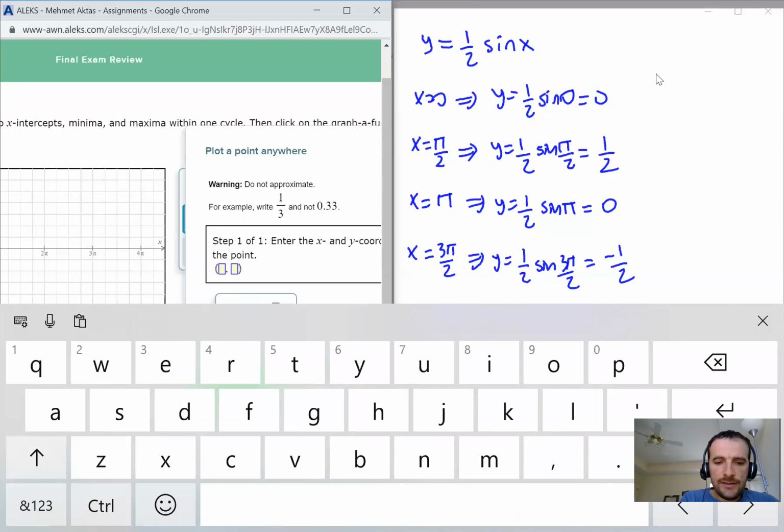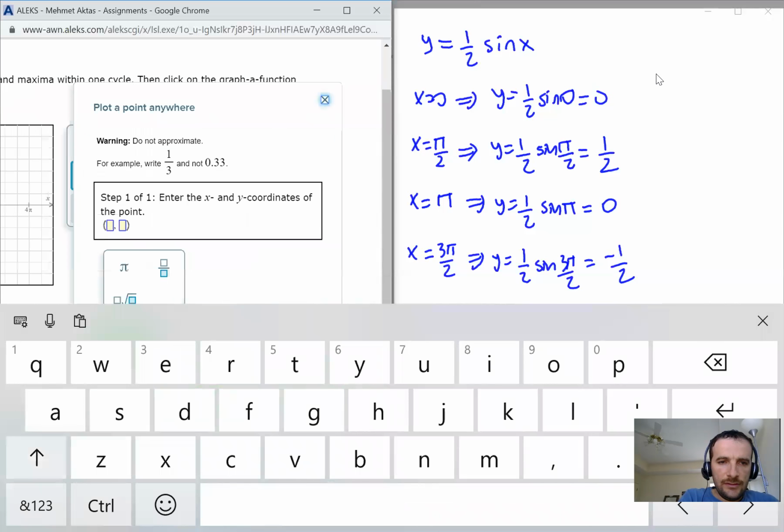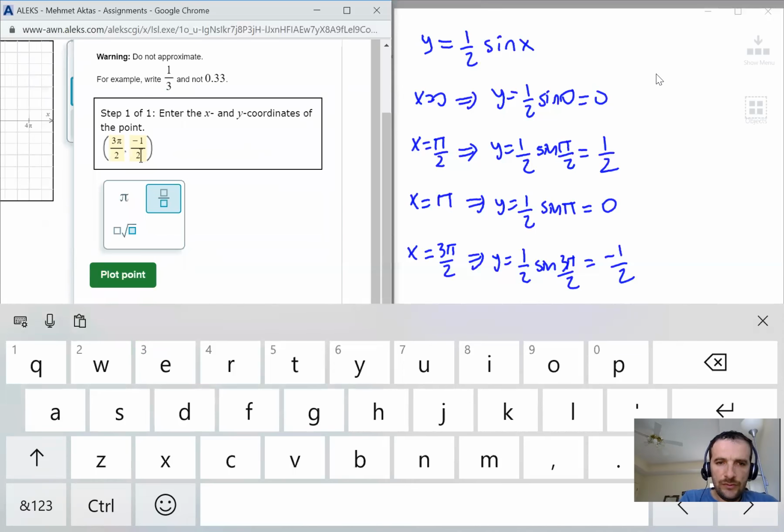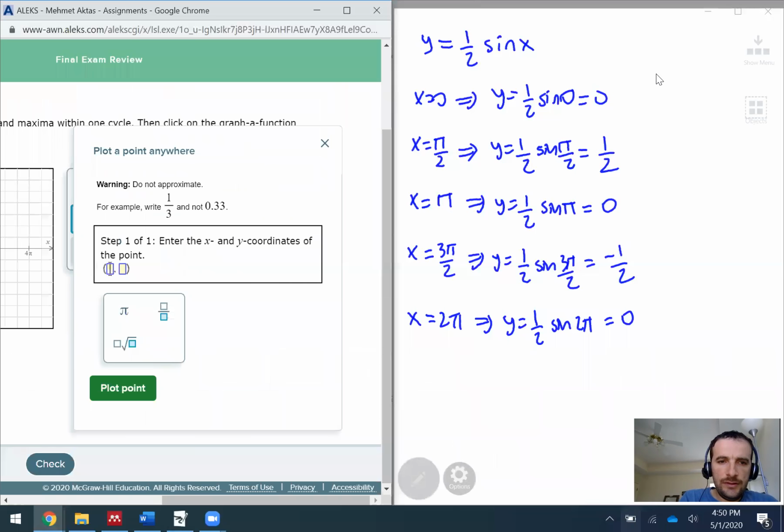Next, 3 pi halves. 3 pi over 2, and as you see, the y value is -1/2. Plot that point.